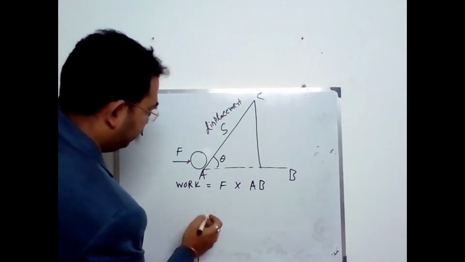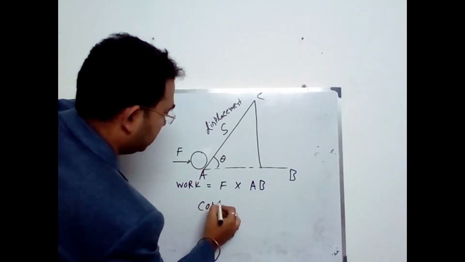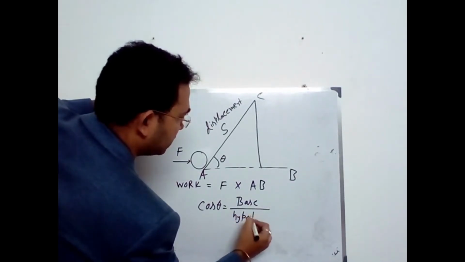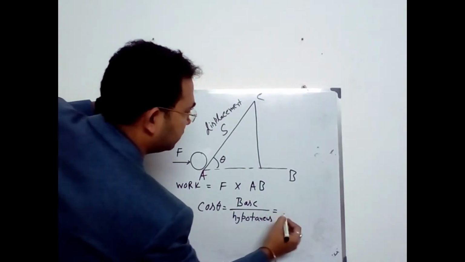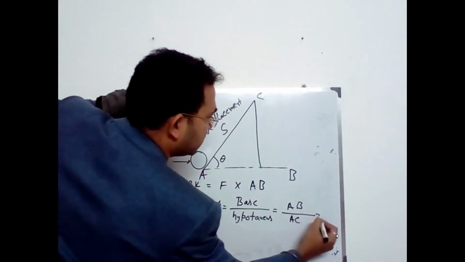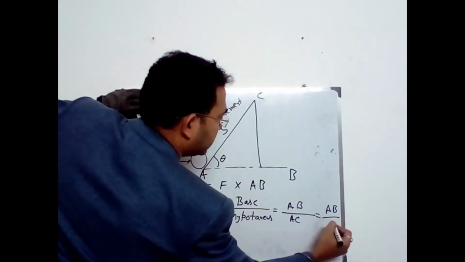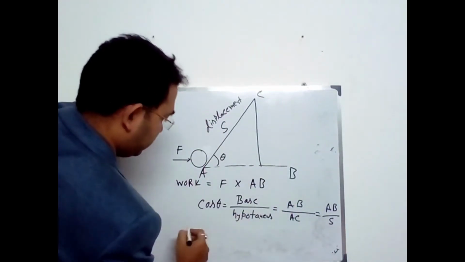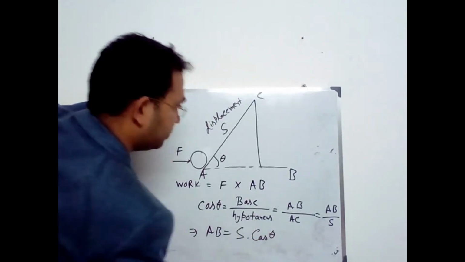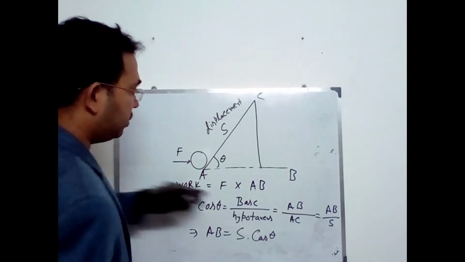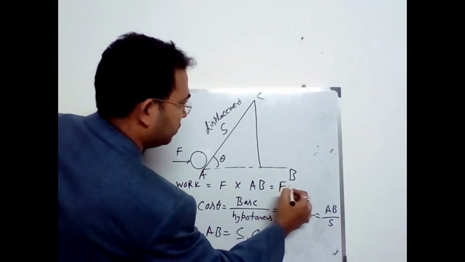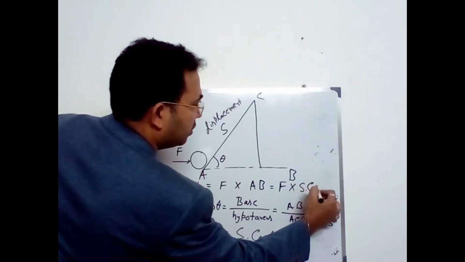Okay, so cos theta equals to base by hypotenuse. So এখানে base হচ্ছে AB, hypotenuse হচ্ছে AC, which is AC is the displacement, the S. তাহলে এখান থেকে আমরা AB equals to পাচ্ছি S into cos theta. ওকে, তো এই AB ভ্যালুটা যদি বসাই, so F into S into cos theta.